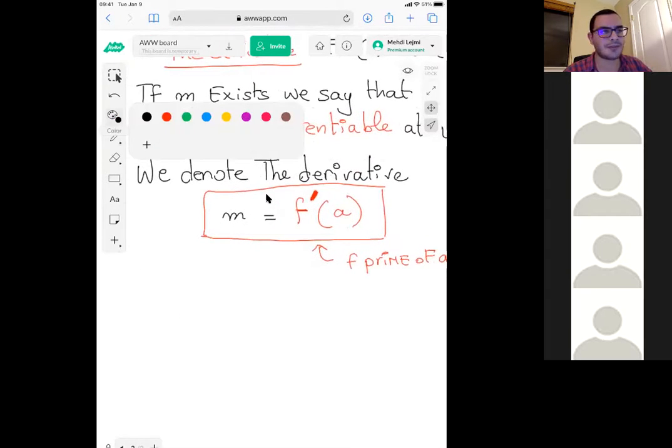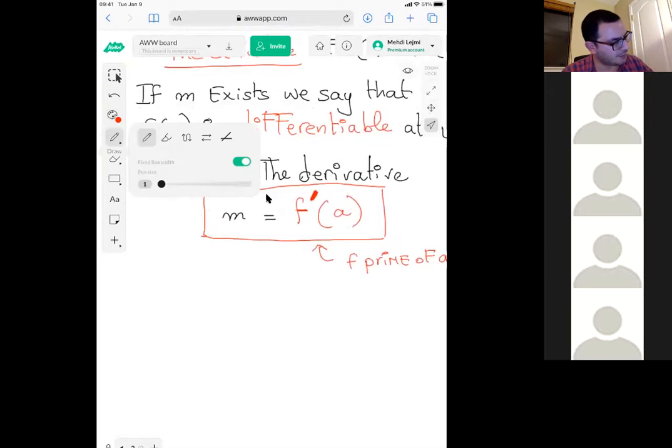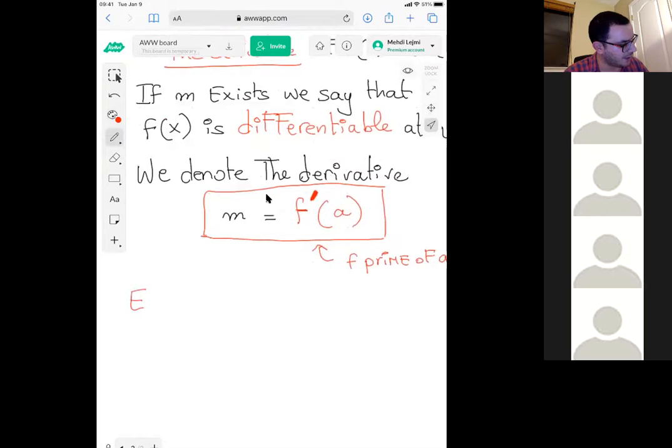We can probably take a break of 5 minutes before the examples because I have a lot of examples anyway. Then I will continue with the examples. I will give you examples where the function is differentiable and where it is not differentiable, and then we're going to compare this notion of differentiability with the notion of continuity, right?